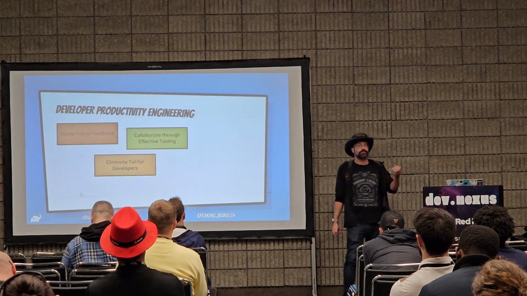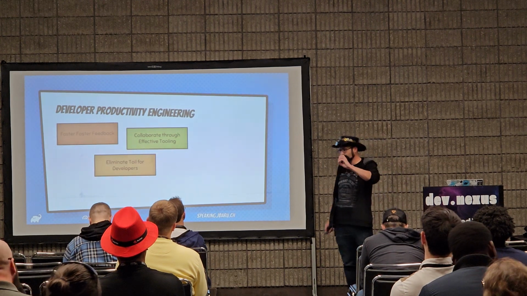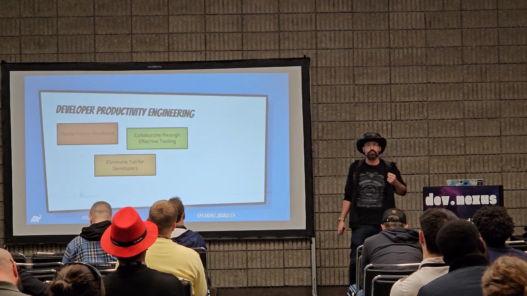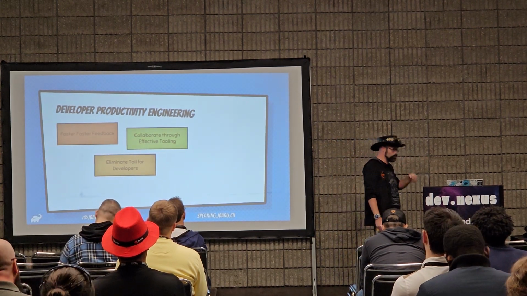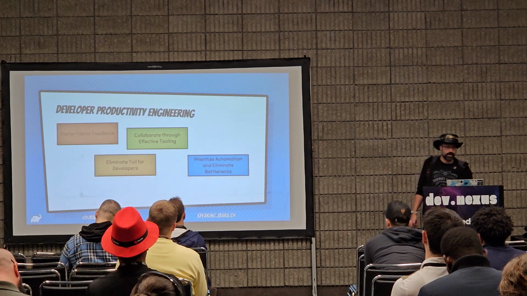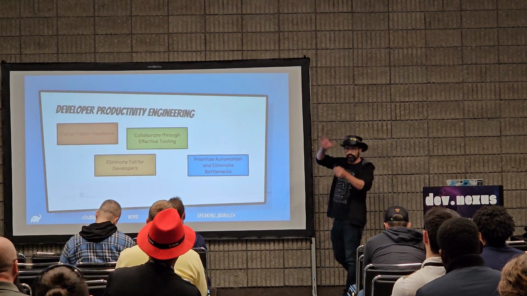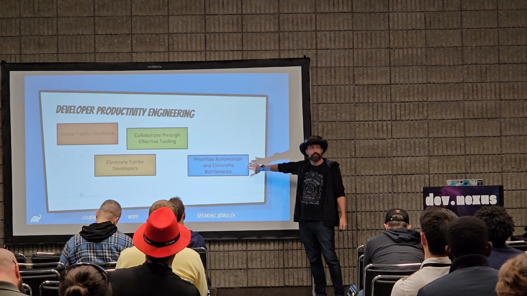Collaborate through effective tooling. We want to be able to do meaningful work with others without disrupting their flow and getting them to context switch. Stuff like prioritize automation and eliminate bottlenecks. People from DevOps, this is right out of DevOps, should recognize that.